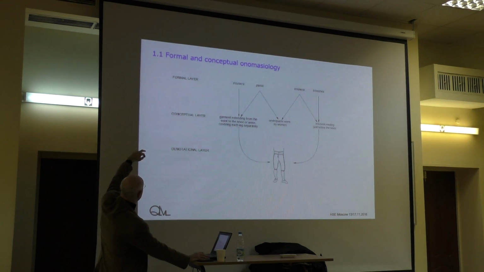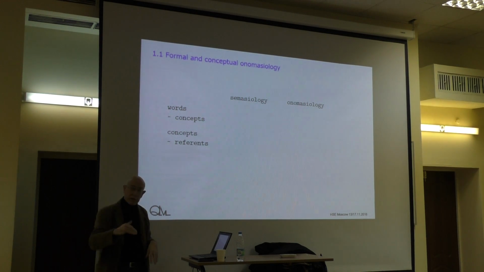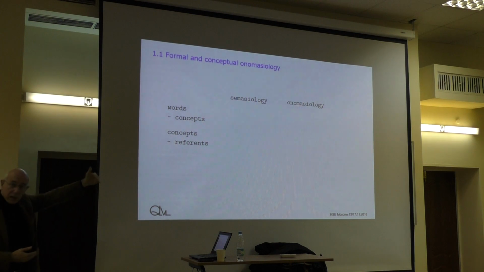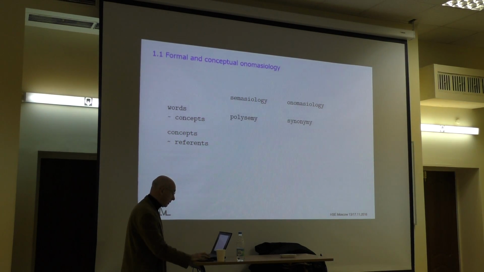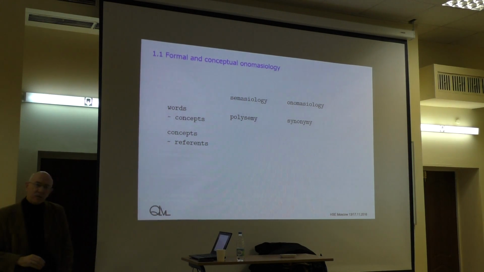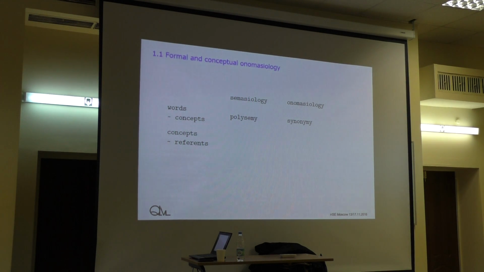So that is words and concepts and reference. Those are the three levels. And you can look at the relationship between words and concepts, and then between concepts and reference. And what would happen if you would do that first on the first layer? That is what linguists have done traditionally. Well, then you have polysemy on the one hand and synonymy on the other. That's clear enough.